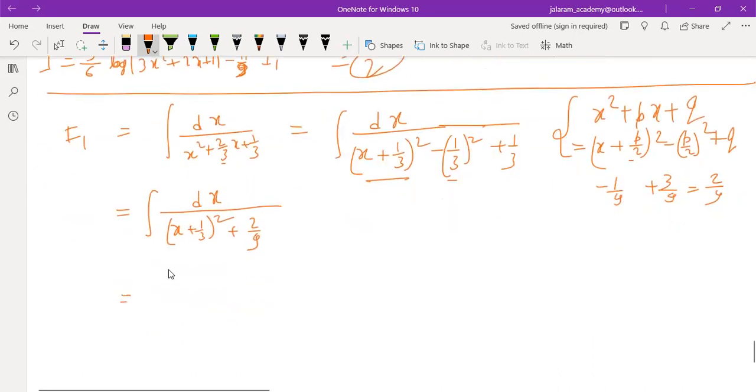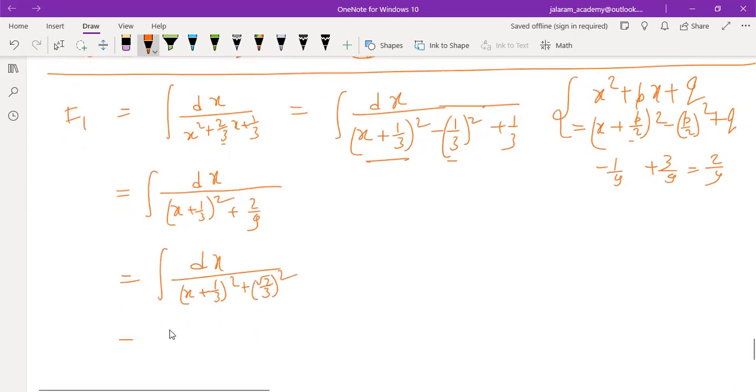Which formula will be used now? Tan inverse. So it is dx upon x square plus a square.